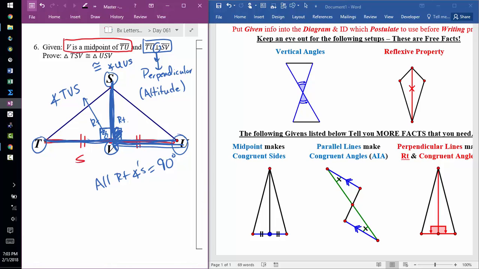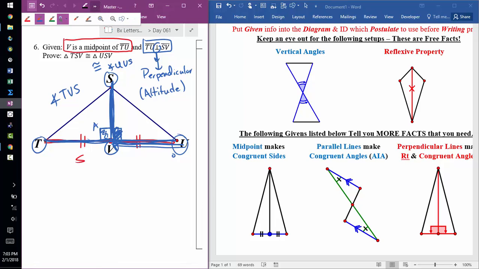They're equal to each other. They're always 90 degrees. And the hard part is learning how to write it up. Once you see how to write it up, it's not so bad. So we've got a side, we've got an angle now, and those are the givens.